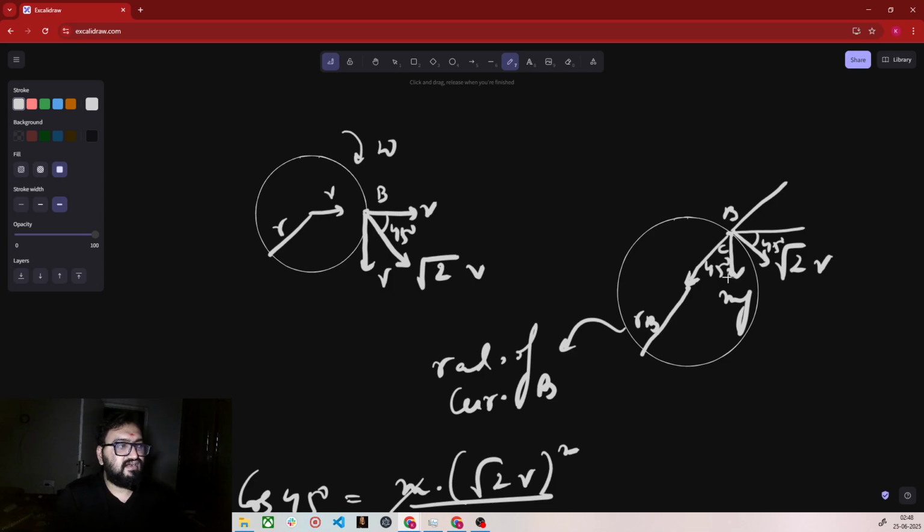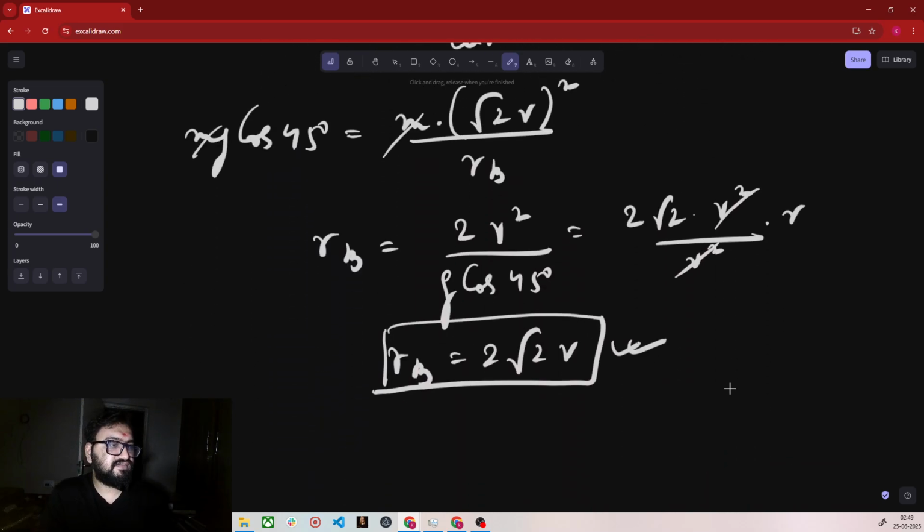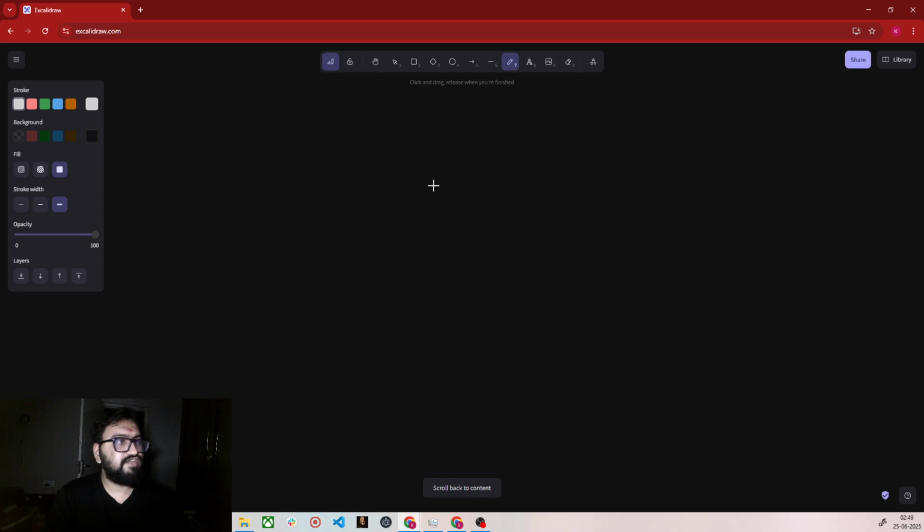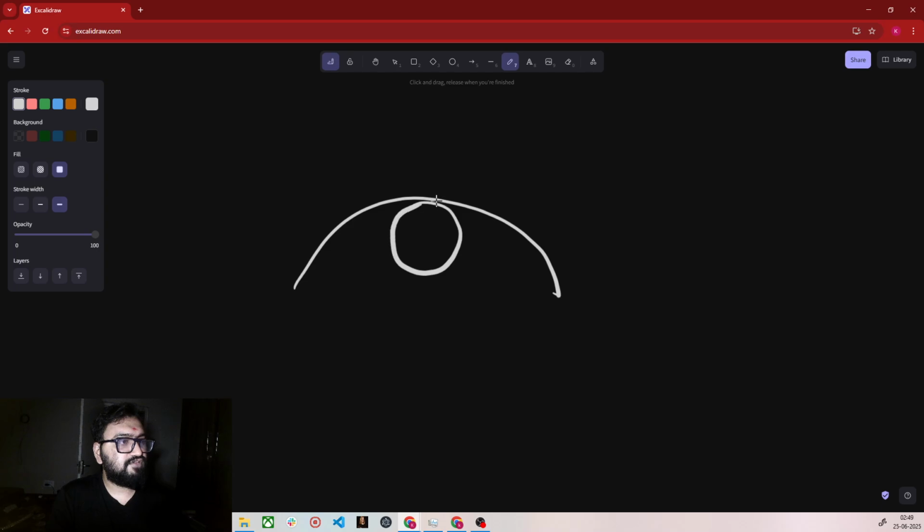You have to draw a circle in order to find out the radius of curvature, but the circle is such that the velocity at that particular point, at which we need to find out the radius of curvature, has to be tangential to the circle, right? Even in the case of projectile motion, the circle drawn was such that the velocity was tangential to the circle, right?